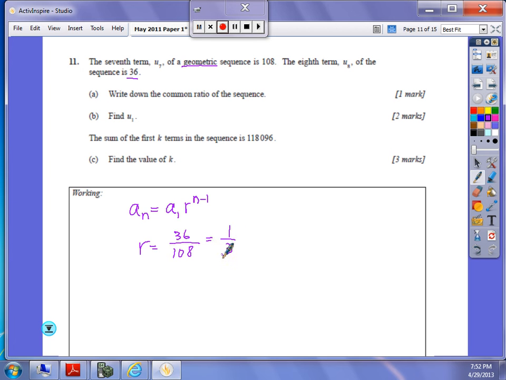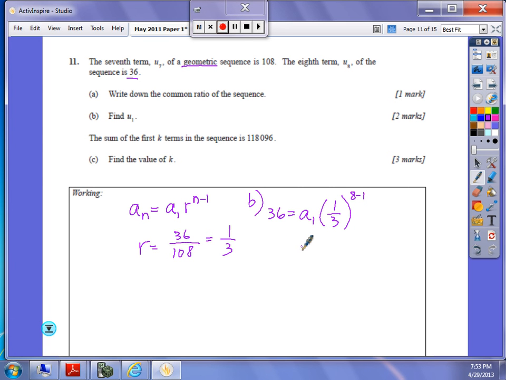Then it says that I need to find the first term. We can use either one, so let's use the 8th term, which is 36. So 36 is equal to the first term. This is part B, let me label that. The first term times the common ratio of 1/3, raised to the power of 8 minus 1, which is 7.